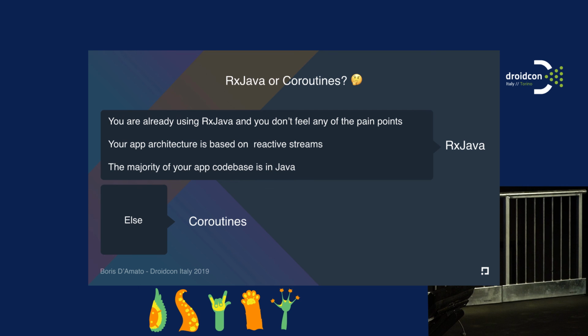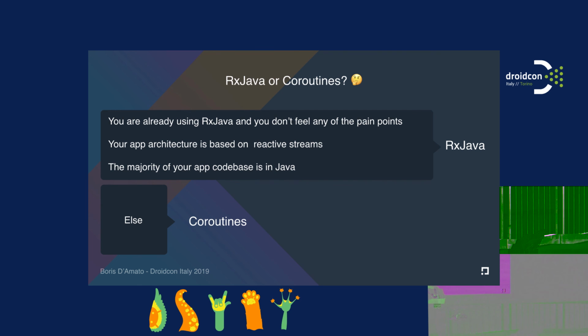If your application is mainly written in Kotlin, or if you plan to use coroutines from Kotlin only, then it's great. But if you have the requirement of having to deal with a lot of Java code in your application, then probably you should think twice about using coroutines. These are the main three points for which I would suggest you keep using RxJava.